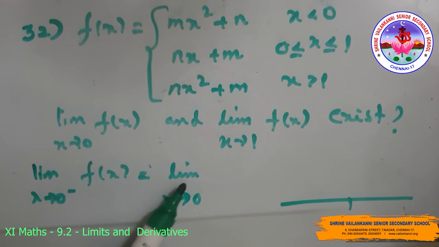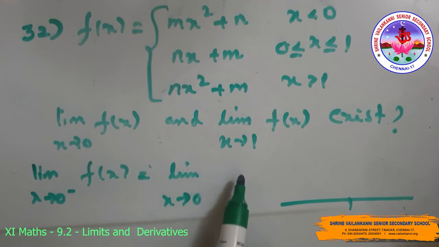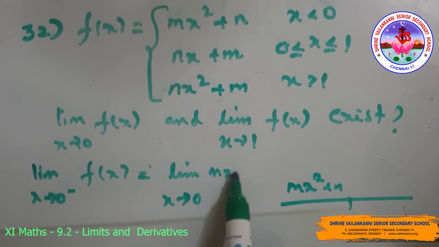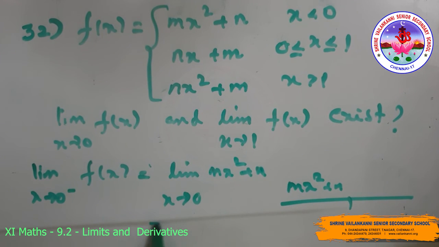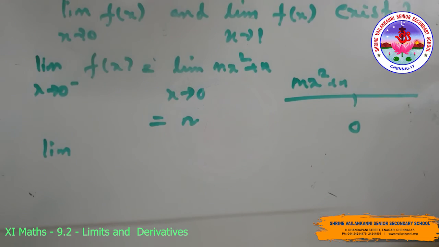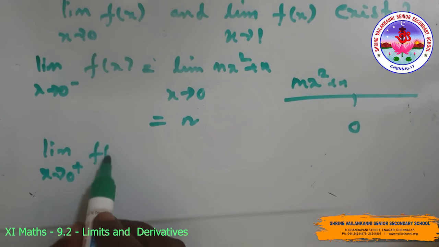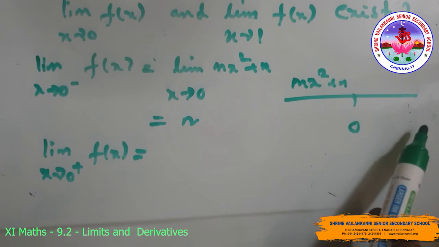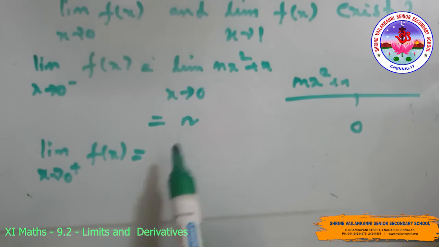of f of x as x tends to 0. To the left of 0 we have the function mx square plus n. Put x equal to 0, we have n. Now we have to find the right hand limit x tends to 0 plus f of x. To the right of 0 we have the function nx square plus m.